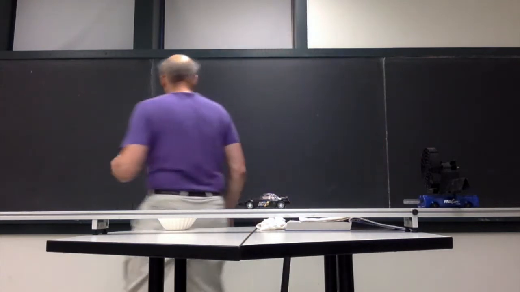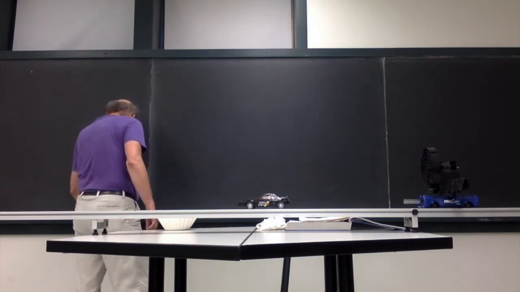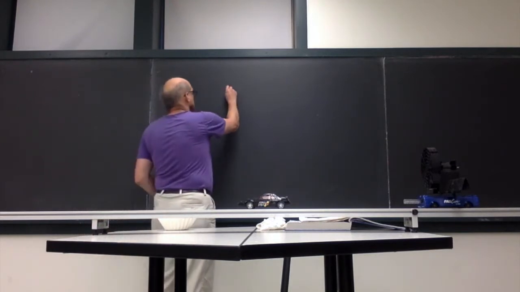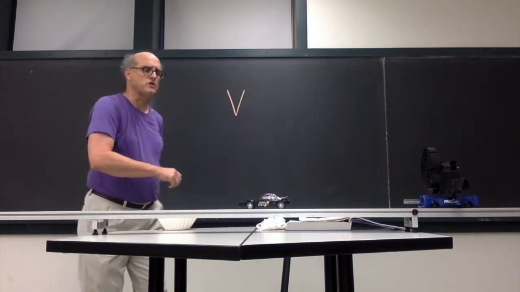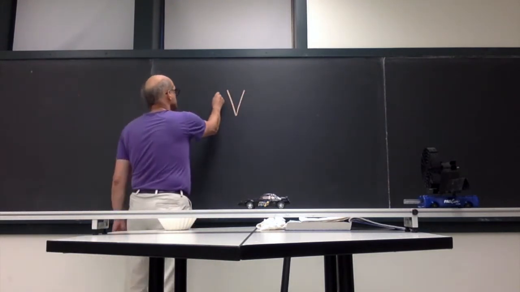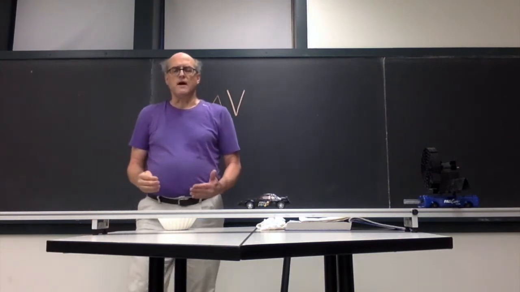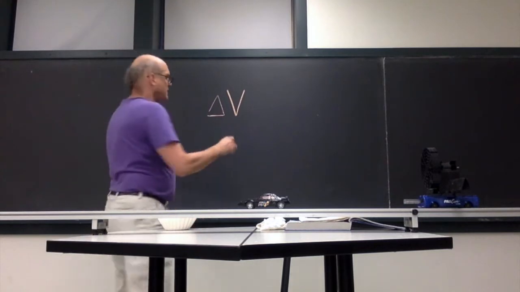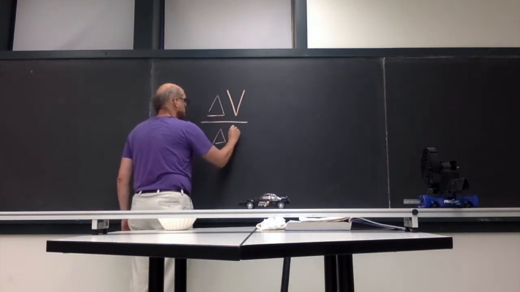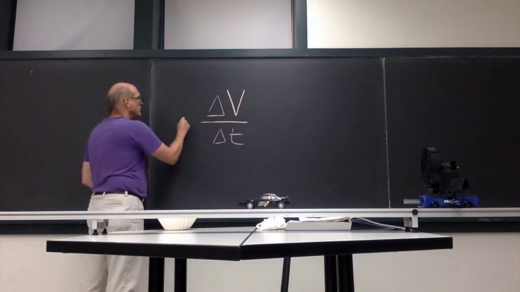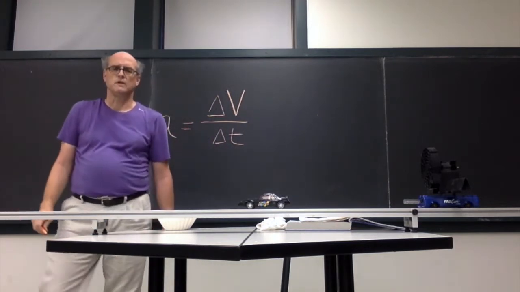And the way we represent velocity, you might recall, is with a V. And if it's a change, we use the Greek letter delta. If we divide that change in velocity by the time interval, we get what is known as acceleration.